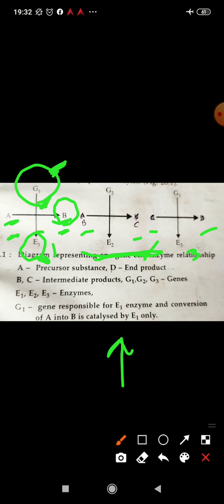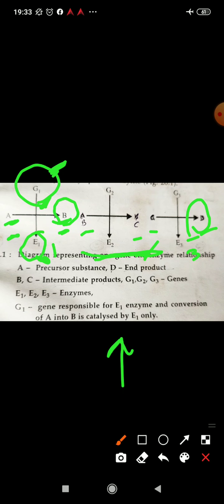So if there is a mutation in the G1 gene, E1 will not be synthesized, and substance A will not be converted into B. As a result, the end product of the third step, D, will not be produced.